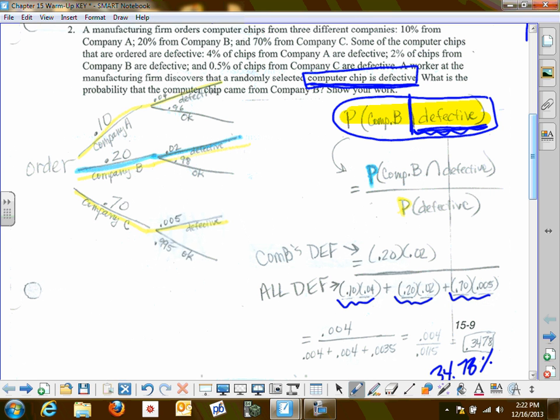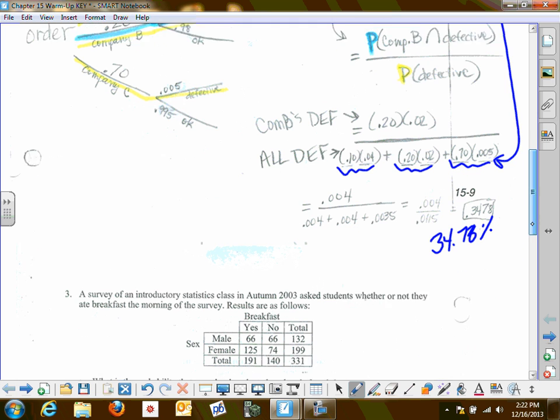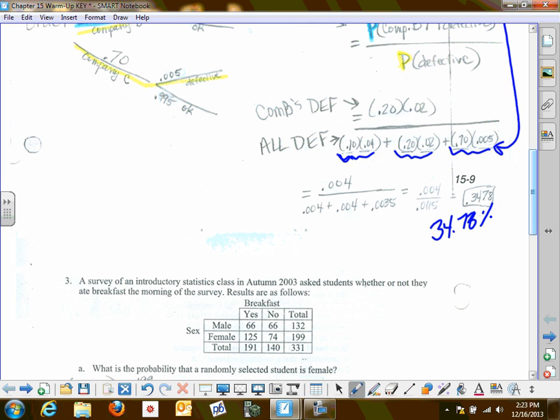I am not looking at all chips in the whole factory. I am now only looking at a bag full of defective chips. So all of the defective chips is what goes on the bottom. And that would be A defective plus B defective plus C defective. And what's the part of the total they wanted?